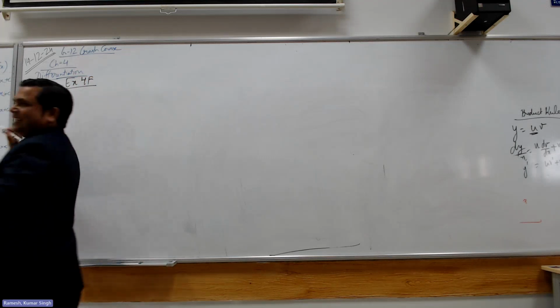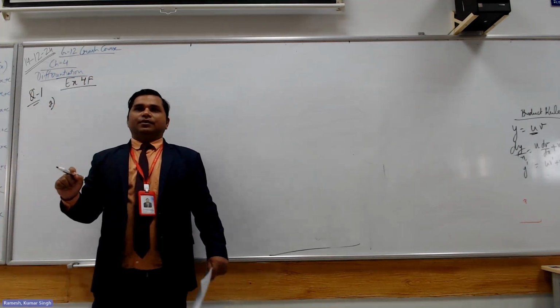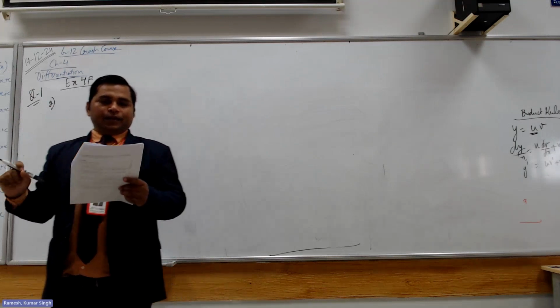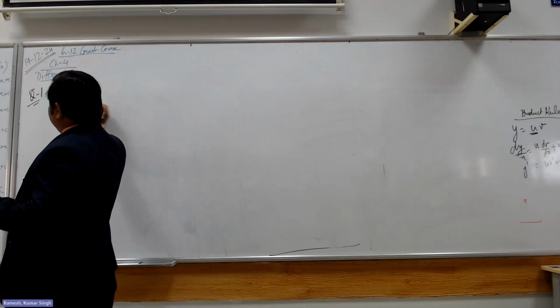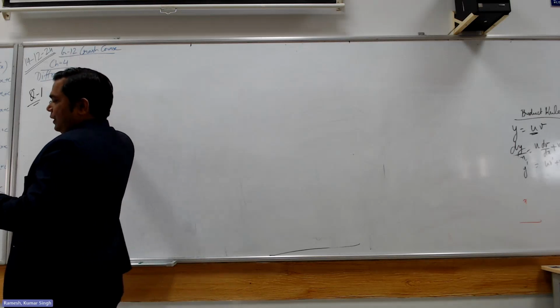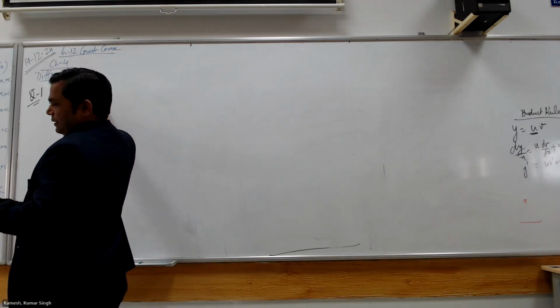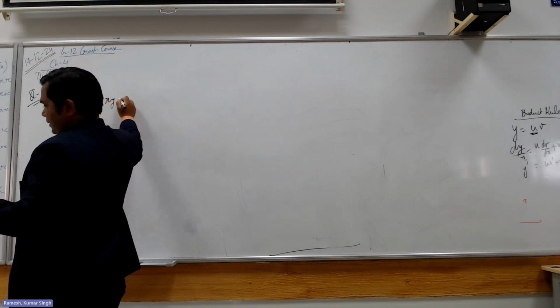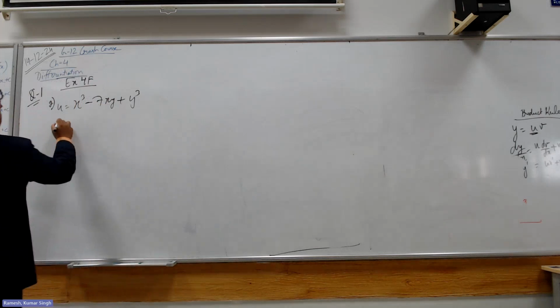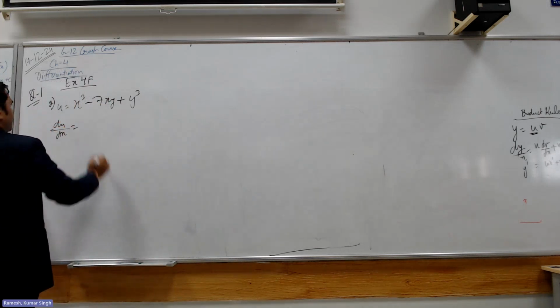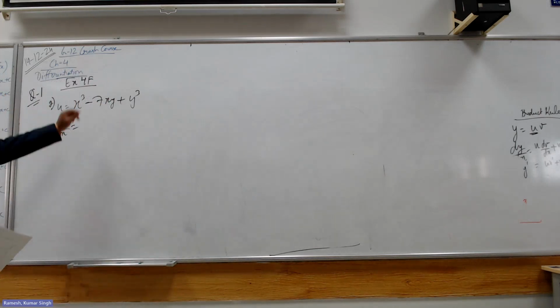Is there anyone who has done G? I'm doing G. Okay. I'm still looking. So we can write this whole function as u, x cubed minus 7xy plus y cubed. What we want to find is du over dx. Keep on differentiating.